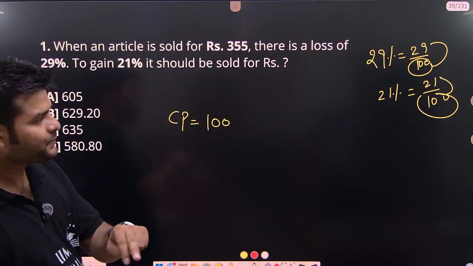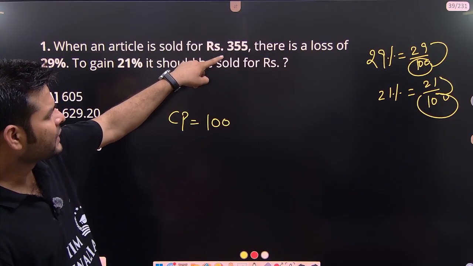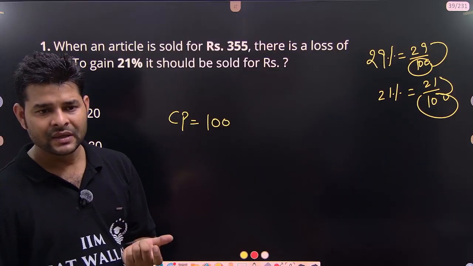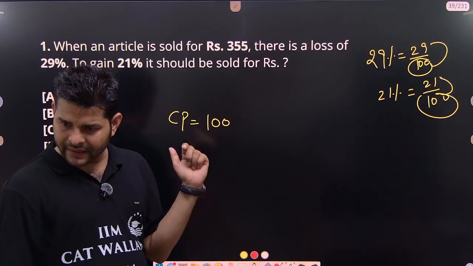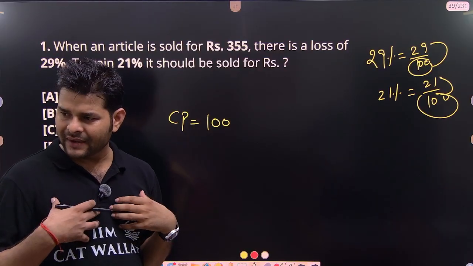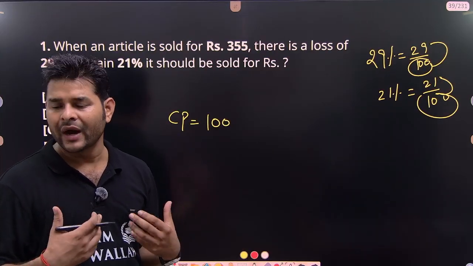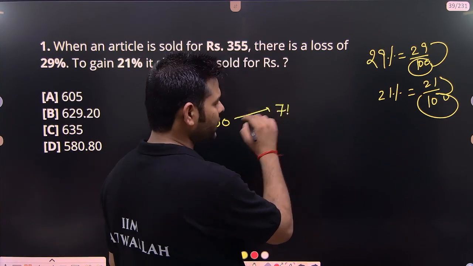The first SP: when the article is sold for rupees 355, there is a loss of 29%. If the cost price of the article is 100, and at the time of selling I bear 29% as a loss, I must have sold this item at 71 units.